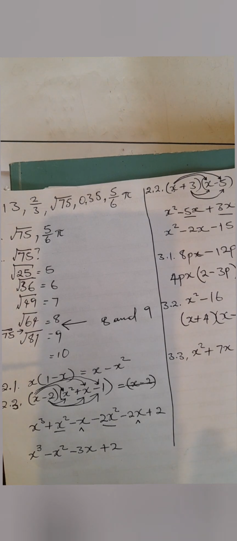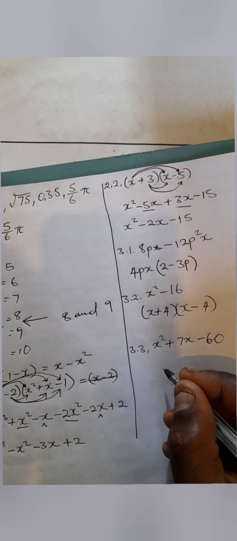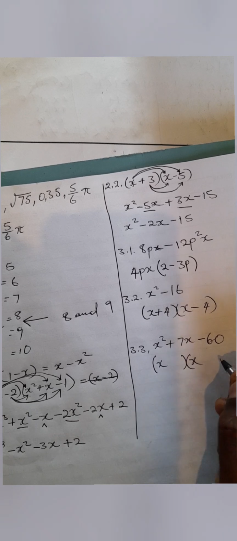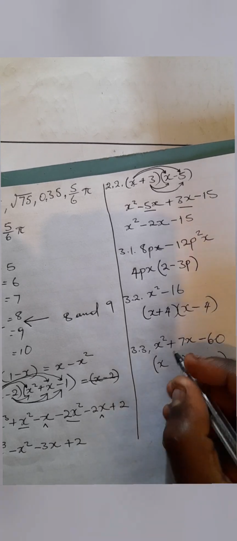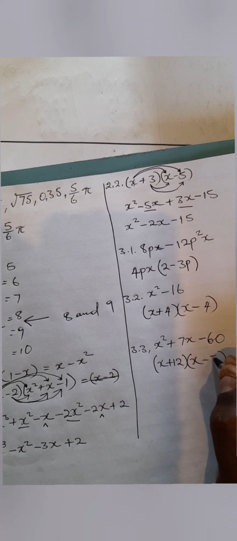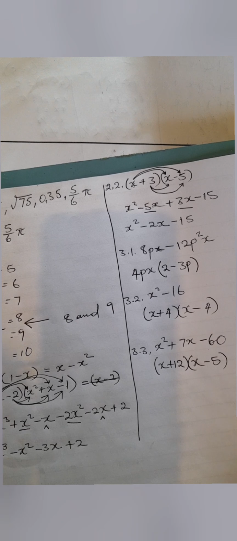The factors are 12 and 5. So plus 12 minus 5, right? Those are the factors. That's for 2 marks, no?